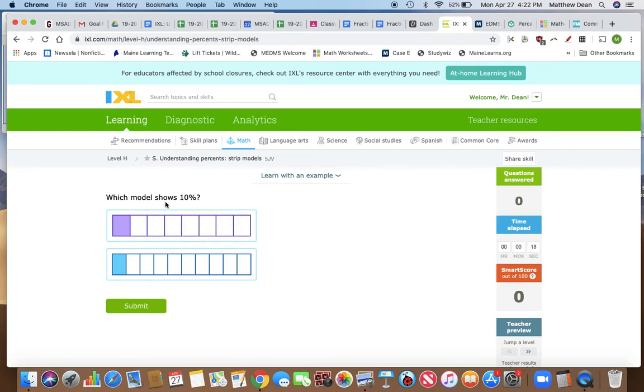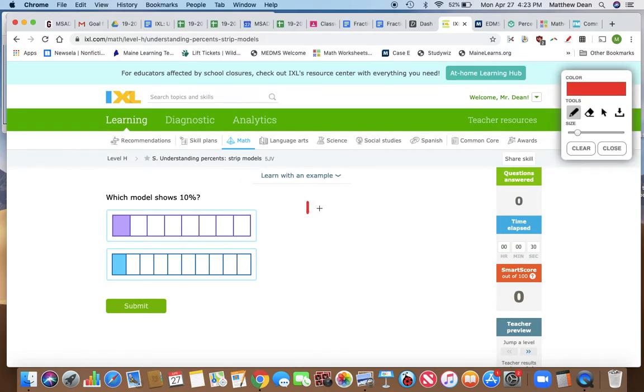Which model shows 10%? 10% is 10 out of 100, right? So we can cross these 2 zeros out here. They cancel each other out, and 10% is the same as 1/10.